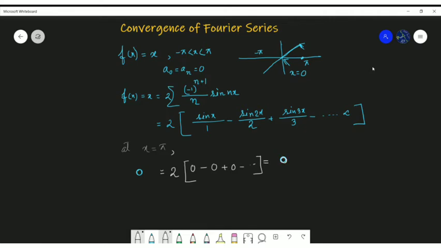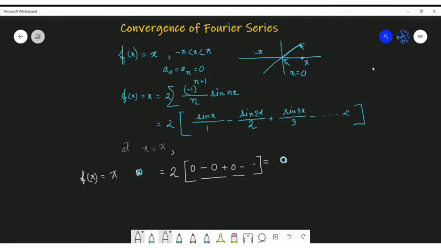But if you put pi in the left hand side, in place of x in the function x, it gives pi, not 0. So definitely the series, which converges to 0, is not given by the function itself when we put x equal to pi in the function.